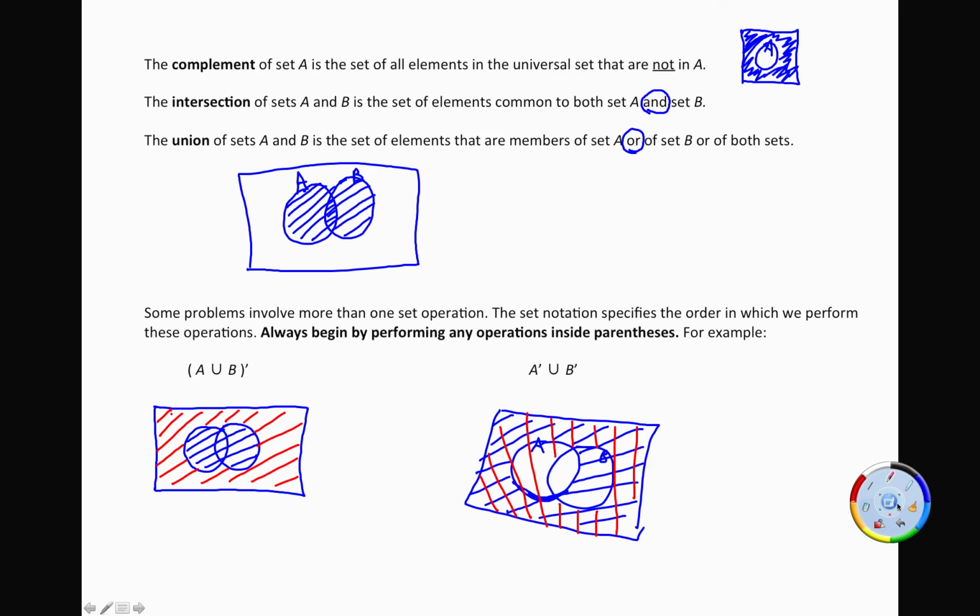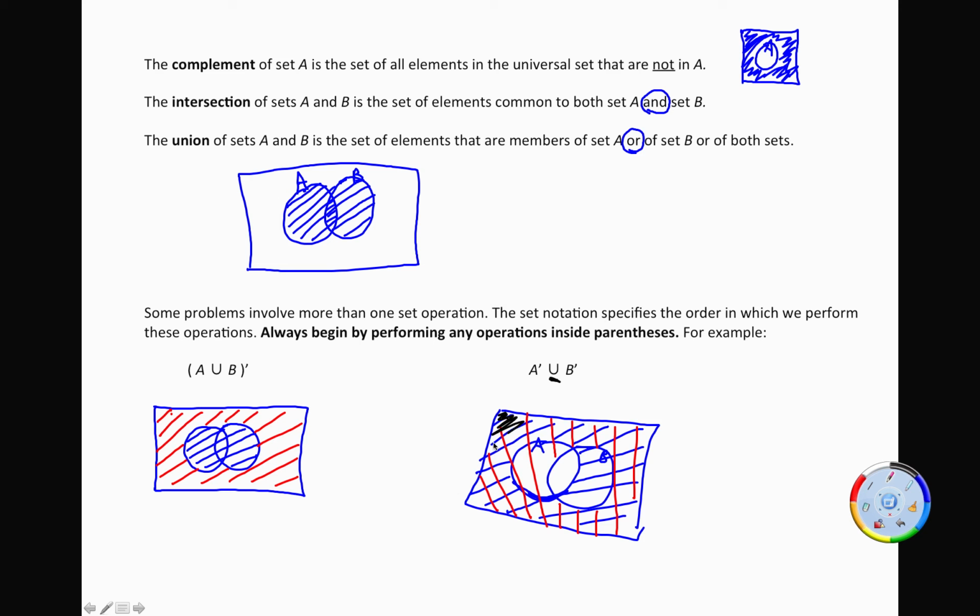And then I need to judge, what does it mean to be or? Well, or means it can either be this stuff or that stuff or both. So for my final answer, which will be shaded in black, anything that has a red or blue line is included in this set. So that would be everything but this part here.